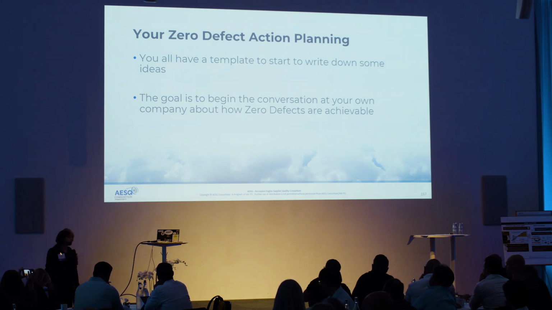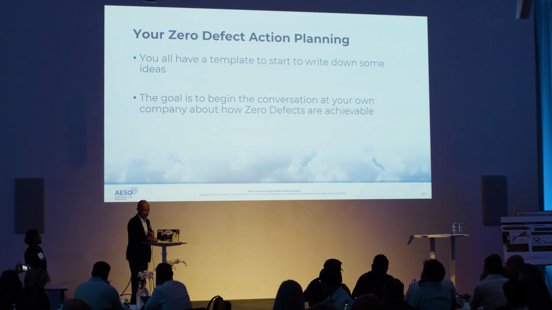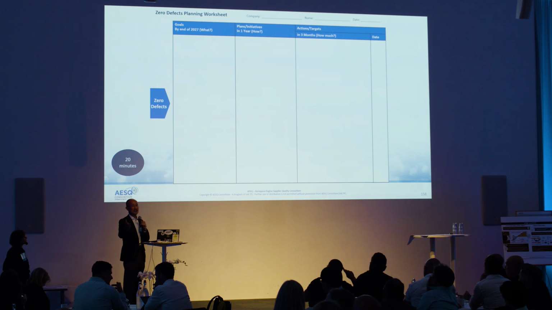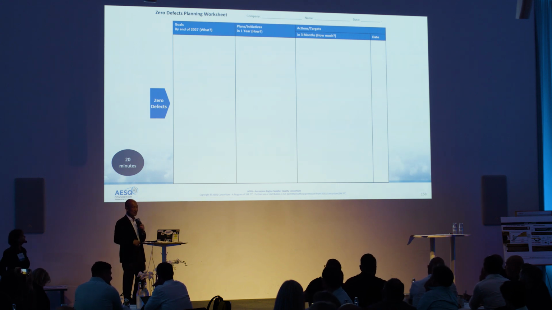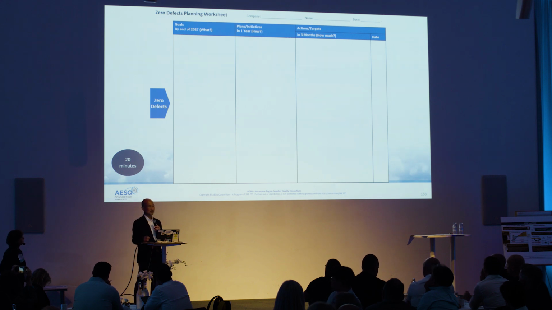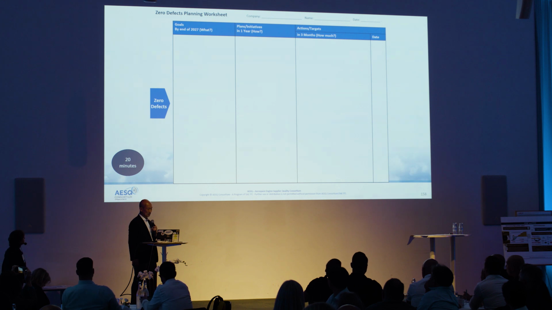Okay, thank you, Florence. So please, you may start writing in this format. This is a worksheet you have on each table, and everyone should have one sheet. So please start working, and we will have about 20 minutes to fill it out.